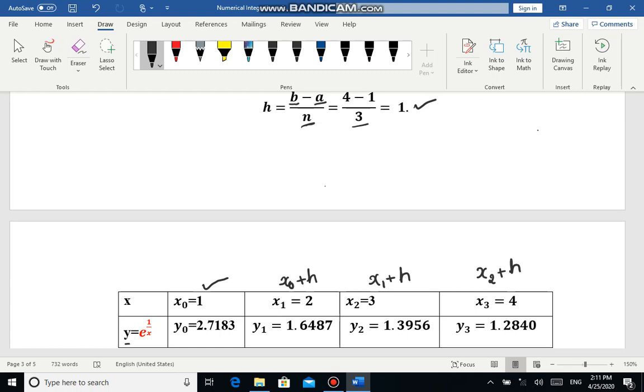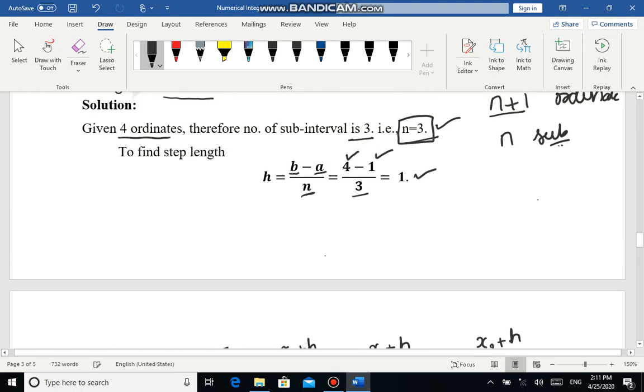Now here the given relation is y equals e to the power 1 by x. To find y0, replace x by x0, you will get the y0 value. To find y1, replace x by x1, you will get the y1 value. Similarly, y2 and y3.